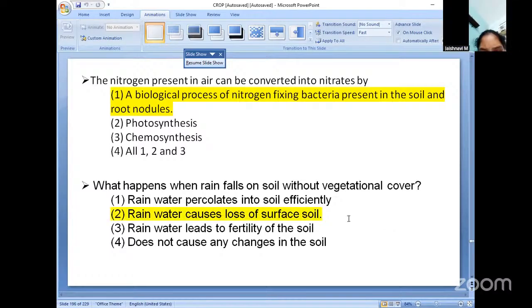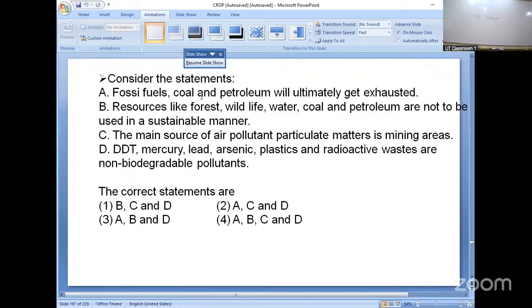Loss of surface soil. Fossil fuels, coal, petroleum will ultimately get exhausted. Resources like forest, water, coal, petroleum should be used in a sustainable manner. The main source of air pollutant particulate matter: all four are correct.